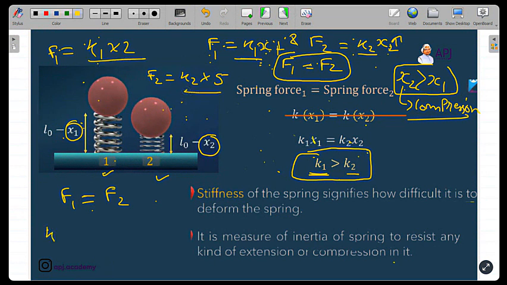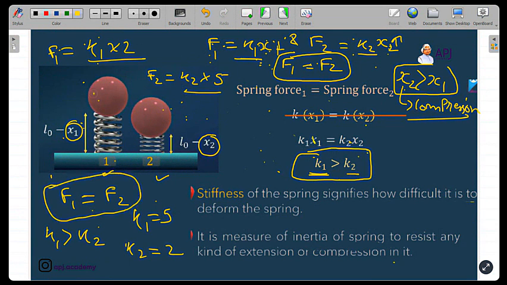Only if K1 is greater than K2. Okay, so only if K1 is equal to 5 and K2 is equal to 2, then only F1 and F2 can be equal. If you put K1 value 5 into 2 and K2 value 2 into 5, then only both of them will give an answer equal to 10.